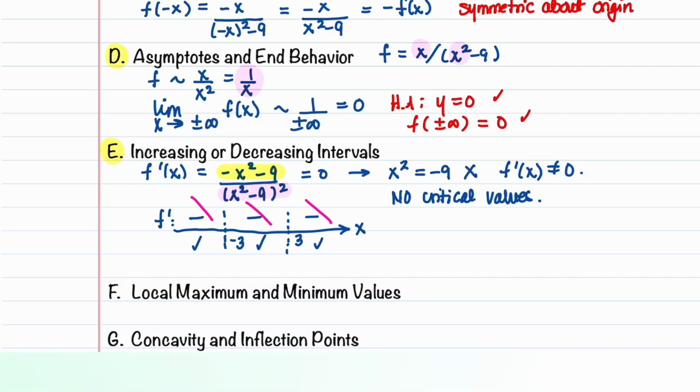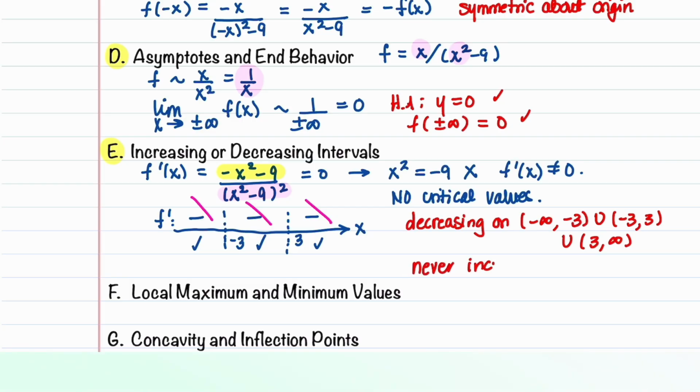Let's write that down. It is decreasing on minus infinity to minus 3, union minus 3 to 3, union 3 to infinity. And let's just write down that it is never increasing.